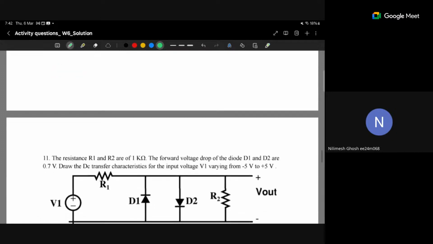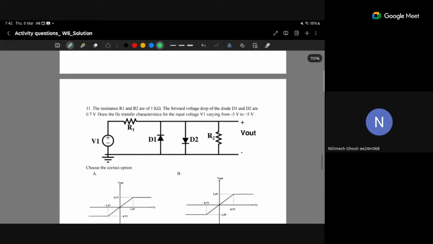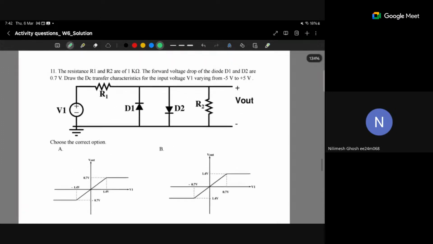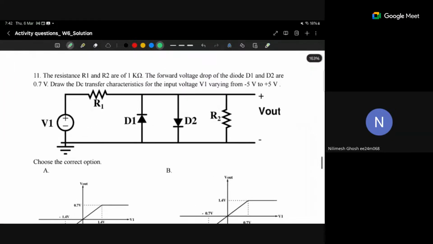Now this kind of question, we will solve by our intuition, not by numerical and rigorous analysis. First we will solve by intuition. See, this V is varying from minus 5 volt to plus 5 volt, right?